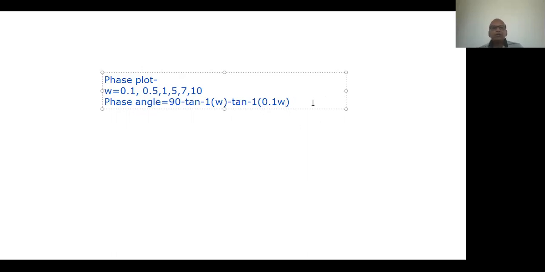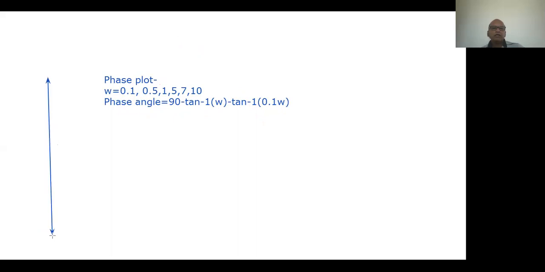And then if you put the value of omega equal to say 0.1 into this equation, then we will get the phase angle. Then 0.5 put into this. With the help of the calculator, calculate the phase angle for 1, 5, 7, 10, and then draw the phase plot.